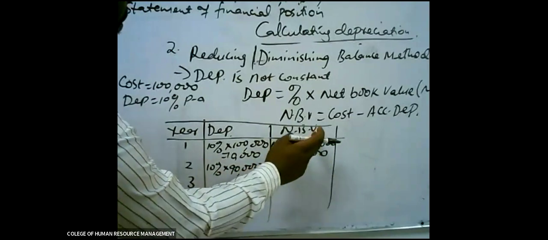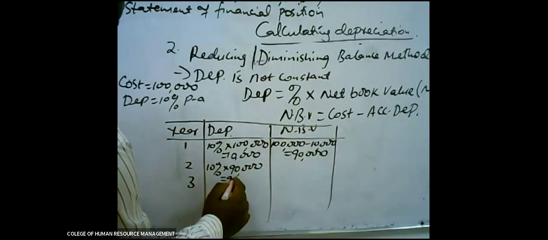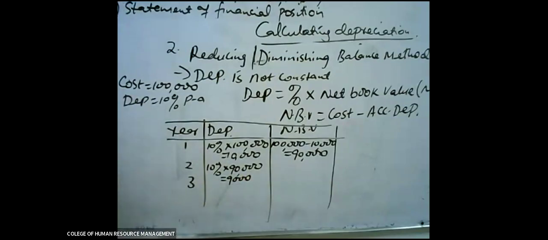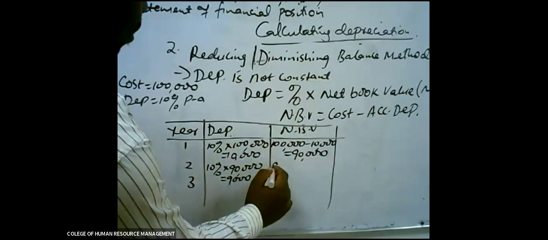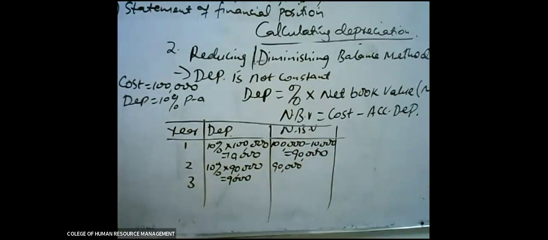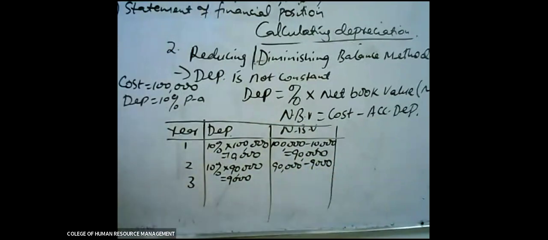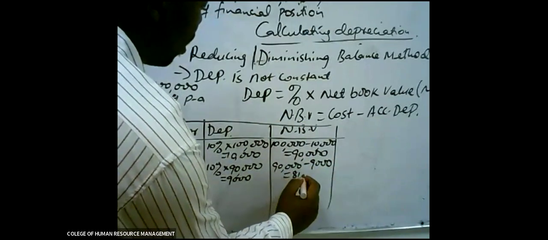You multiply by the net book value, which will be equal to 9,000. Remember, after year 1, it had a value of 90,000. Year 2, it has lost another 9,000. So the new net book value will be the 90,000, the value at the end of year 1, minus the depreciation at year 2. This will give you 81,000.